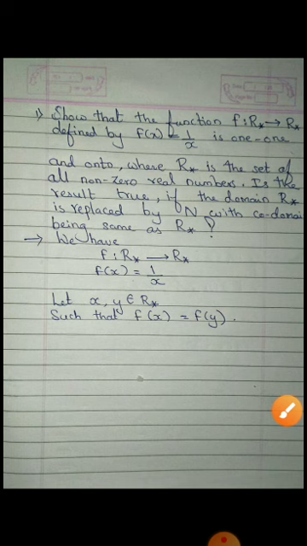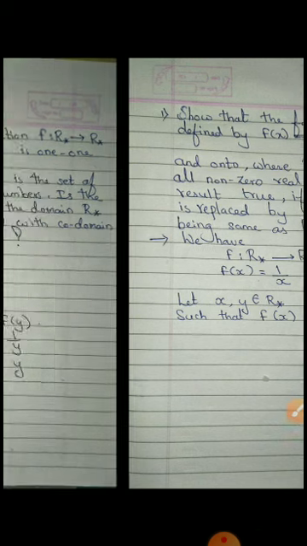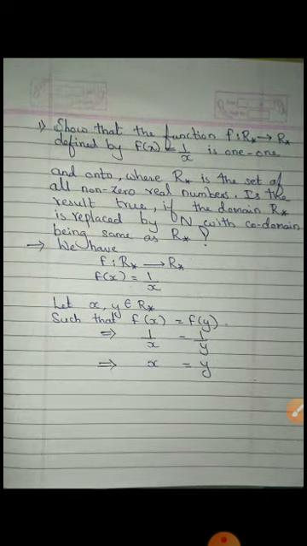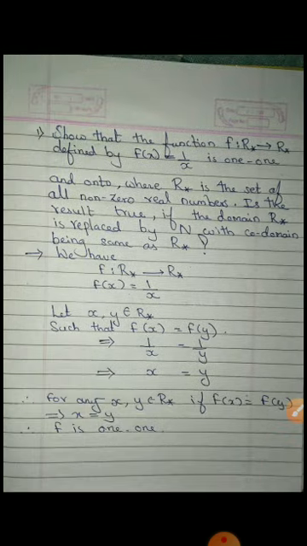So x, y belonging to R star, f of x equal to f of y we have considered. Apply the definition of f of x and f of y. So 1 by x equal to 1 by y. So will I get x equal to y? Yes. So what we can say is therefore f will be your 1-1 function. Okay. Now we have to check for onto function.